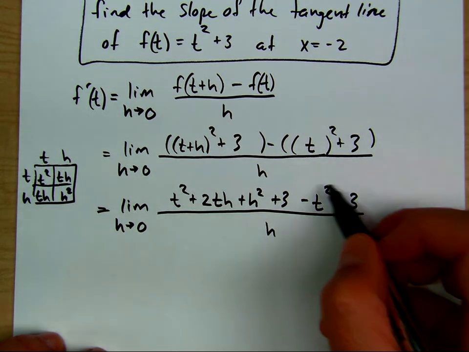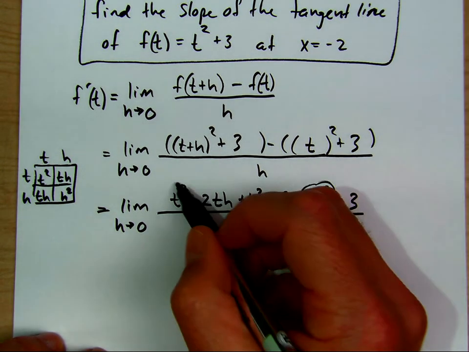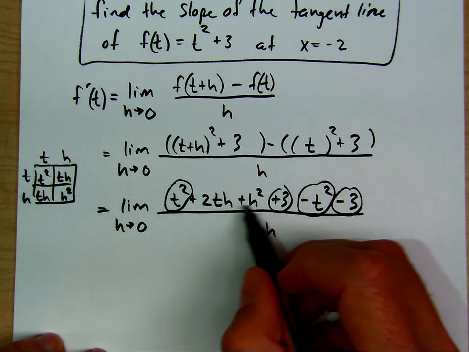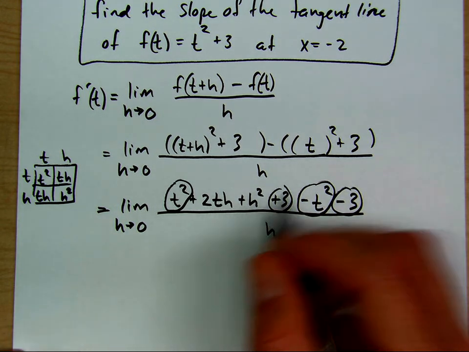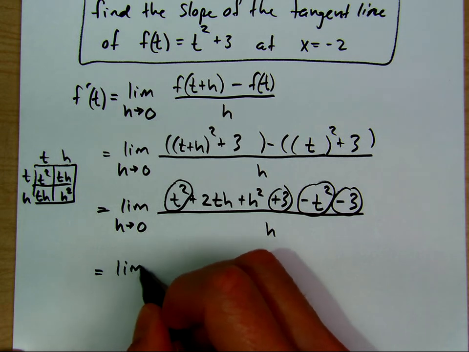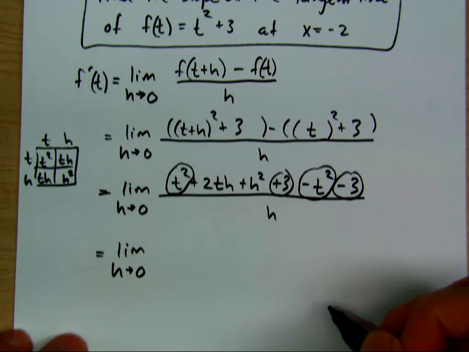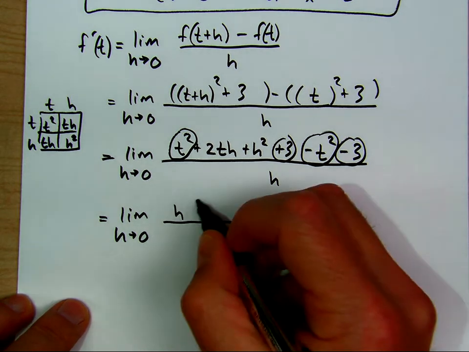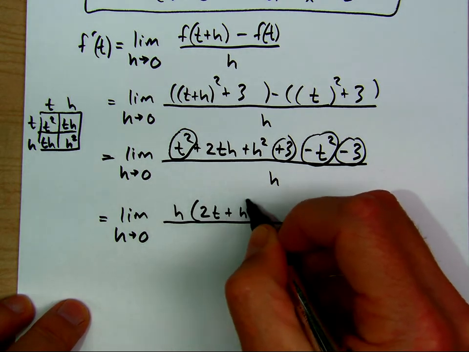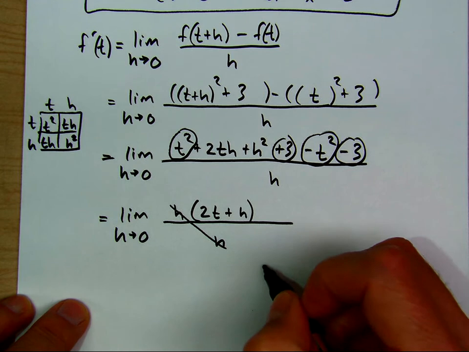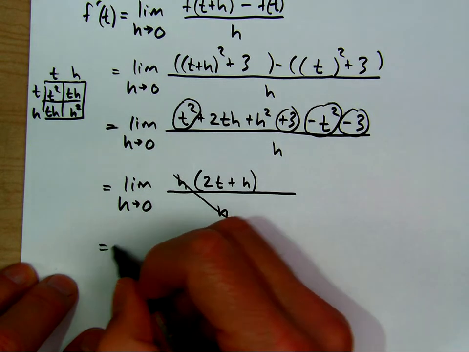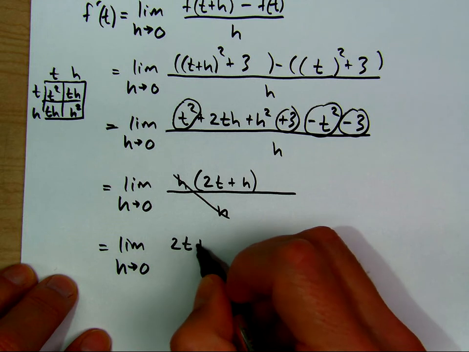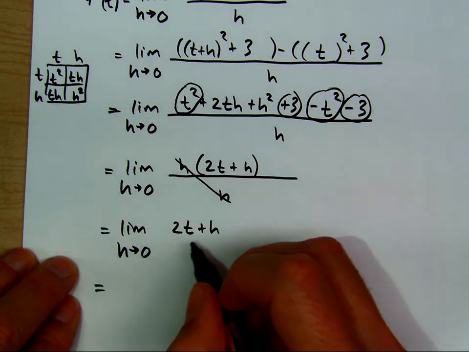All right, we have a negative t squared, positive t squared, negative 3, positive 3, and all that's left are two terms with factors of h. So we'll factor out an h. And it cancels. So now we have the limit as h goes to 0 of 2t plus h, and that equals 2t.